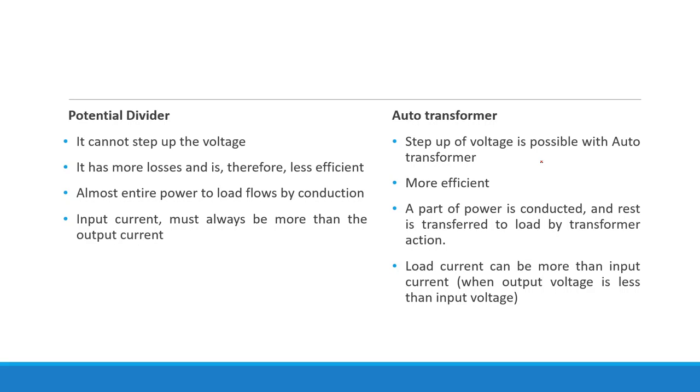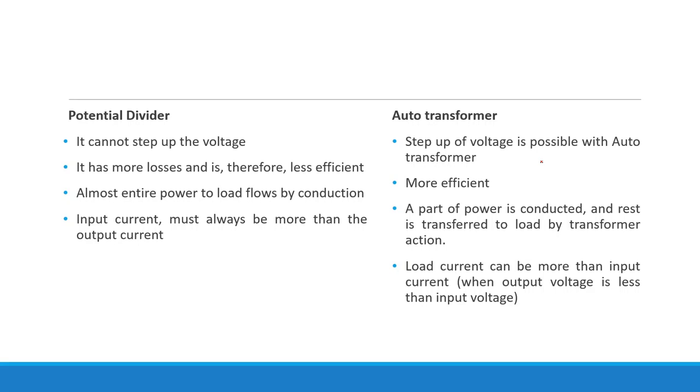Is it a potential divider? It is not a potential divider, because the power transferred is due to conduction as well as transformer action. In a potential divider, the power flow or transfer is only due to conduction.